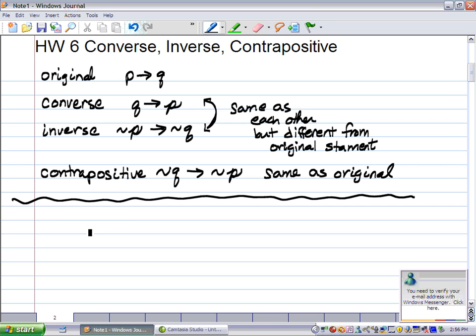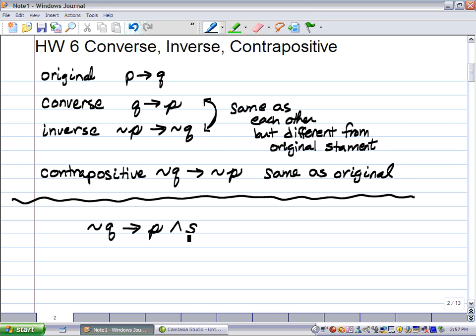So, for example, I have not Q implies P and S. If that's my original statement, then when I do the contrapositive, they're going to change places and change to their opposite.